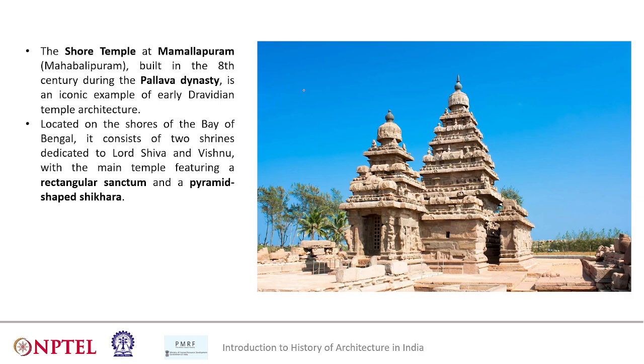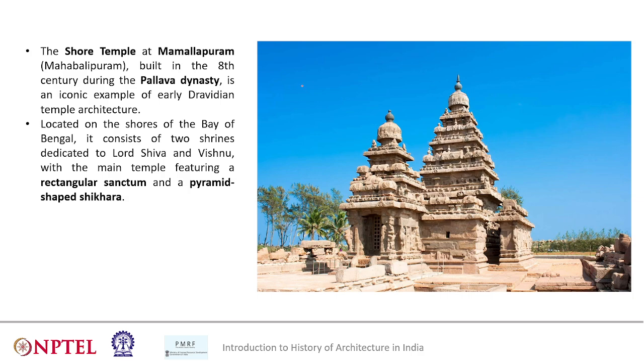The next option that we had is the Shore Temple at Mamallapuram. Now, this Shore Temple at Mamallapuram is the correct answer because this is not a monolithic rock cut temple. Rather, it is a temple which is assembled. Several parts were constructed or sculpted out, and they were assembled together to form this entire big temple.